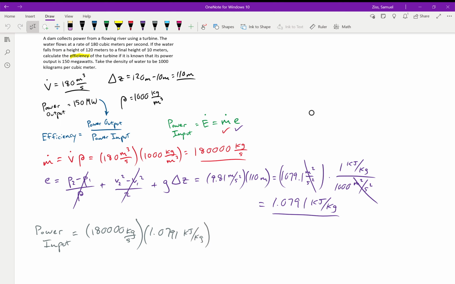And here's where you can see why we made that conversion. Our kilograms are going to cancel. When we make the calculation, this is going to get us 194,239 kilojoules per second.